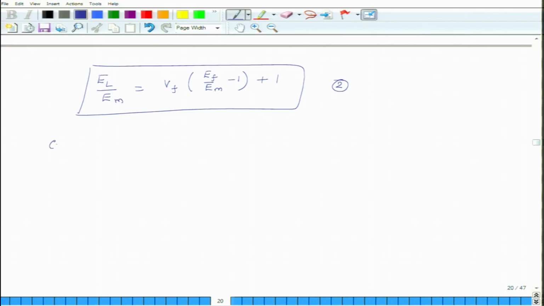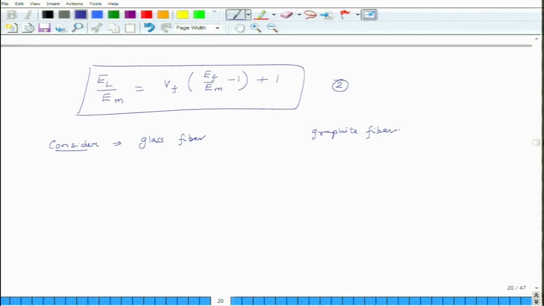So, what do we consider? We consider glass fiber and we consider graphite fiber.